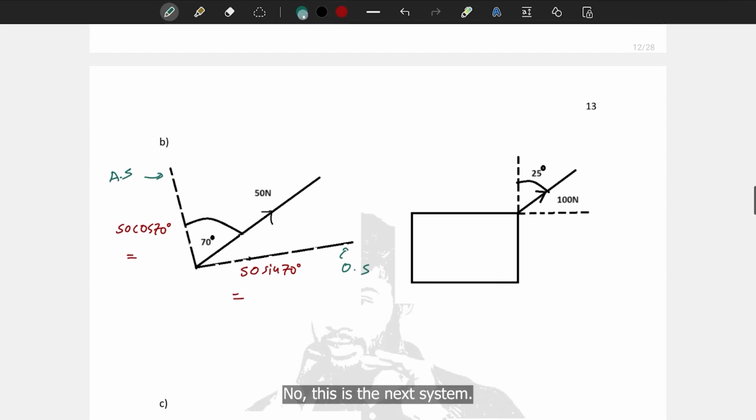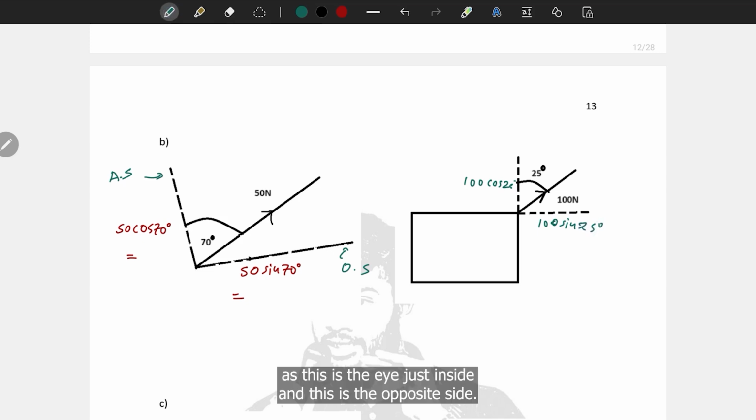Okay, now this is the next given vector system. This is 100 and this is 100 cos 25 and this is 100 sin 25, as this is 25.